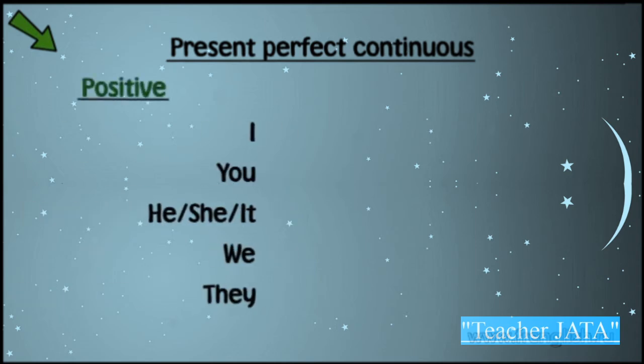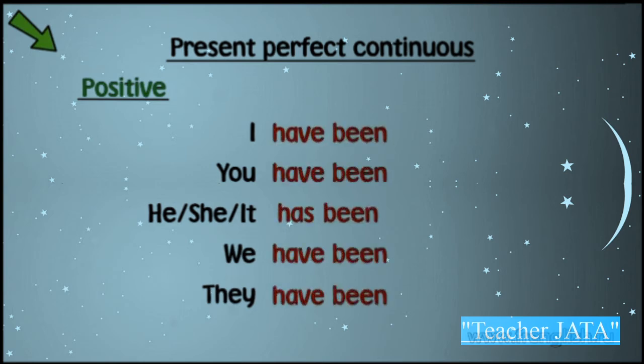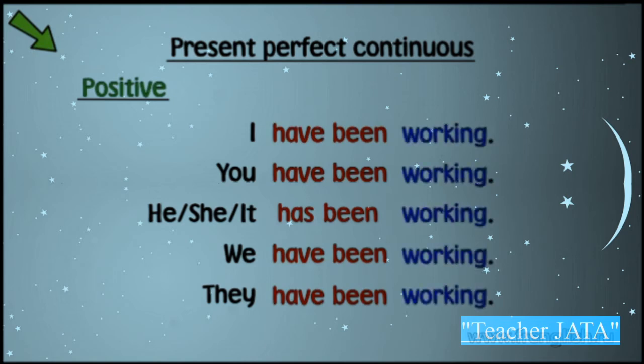We form the present perfect continuous with have been or has been and the ing form of the verb. In spoken English, we usually use the short form of have and has.